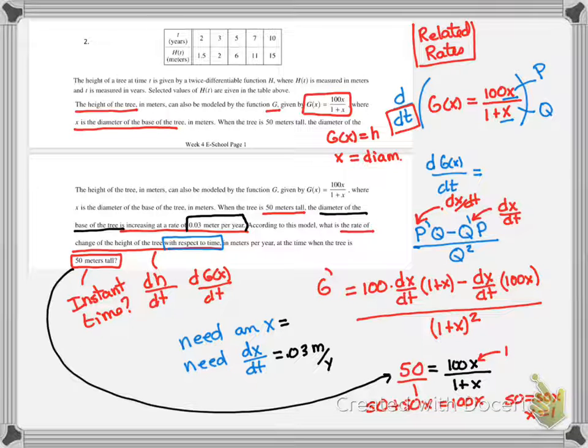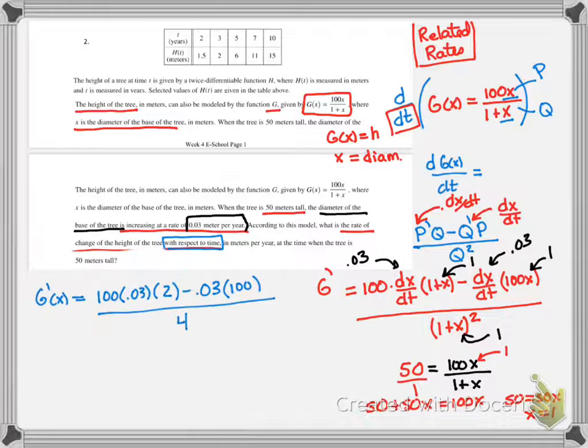So that means I know everything I need. I've got my 1 for x, and I've got my 0.03 for dx/dt. So as we calculate this all out, we're going to have 3/4, and we're going to have units here.